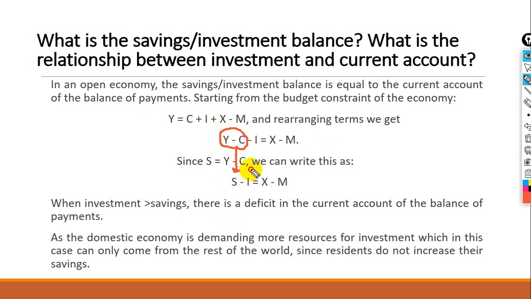If investment exceeds savings, this means that you have to borrow from abroad. So there is a deficit in the current account.